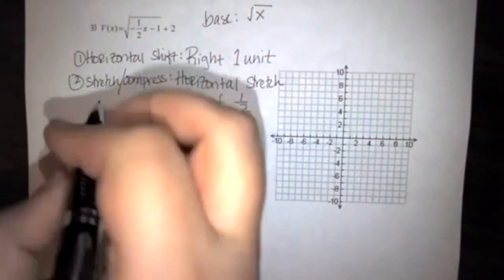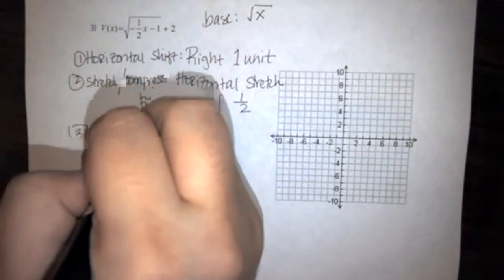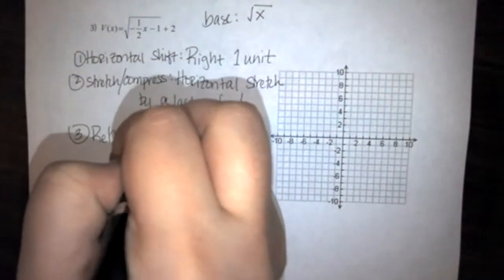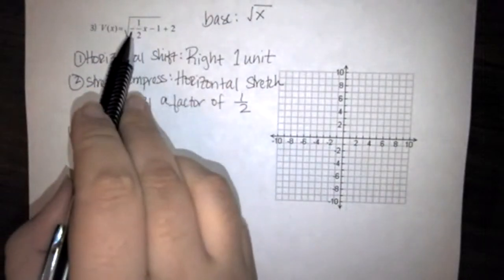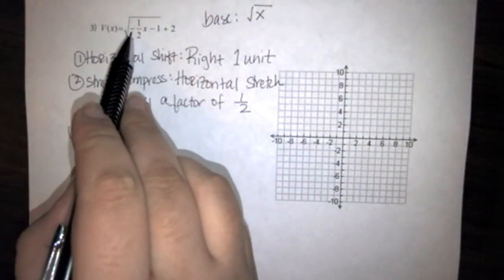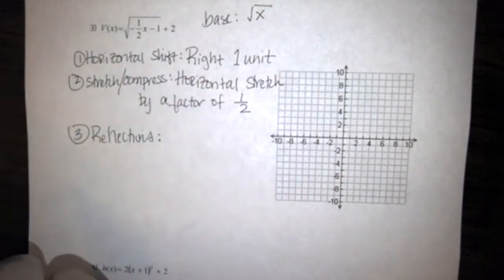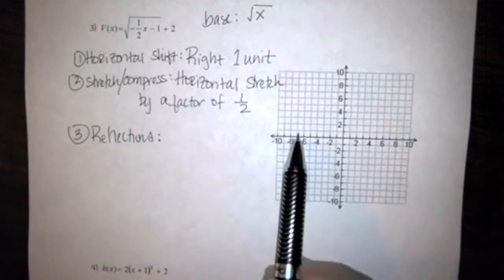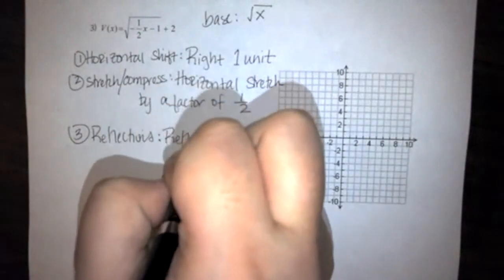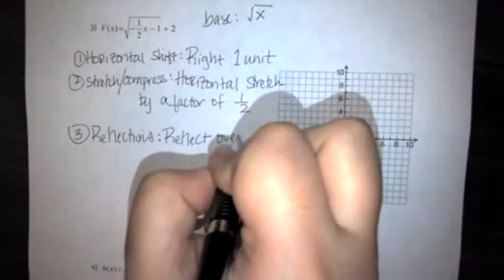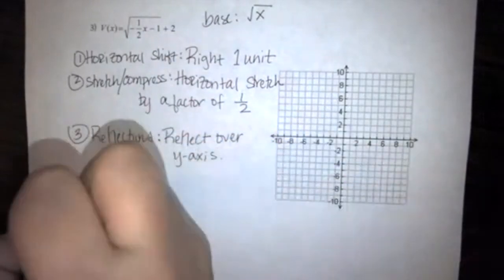Then we need to look at your reflections. And here we do have one. Again, it is an internal reflection. So an internal reflection means that we are going to be reflecting horizontally. So we are going to reflect over your y-axis.